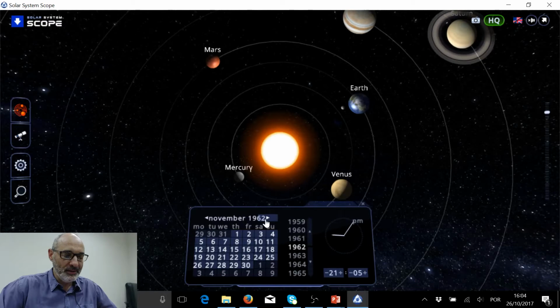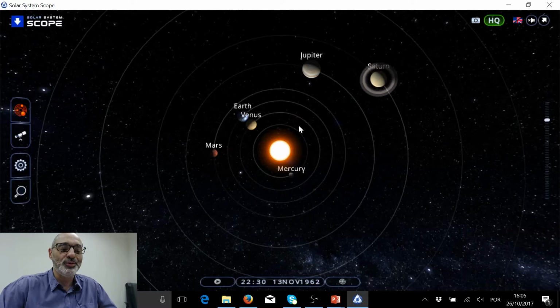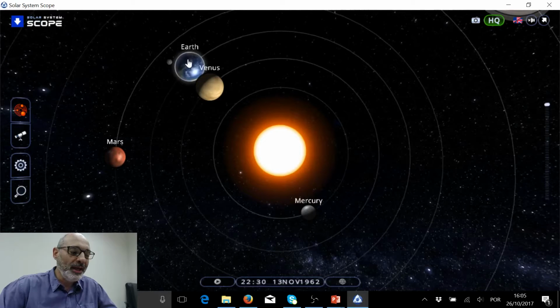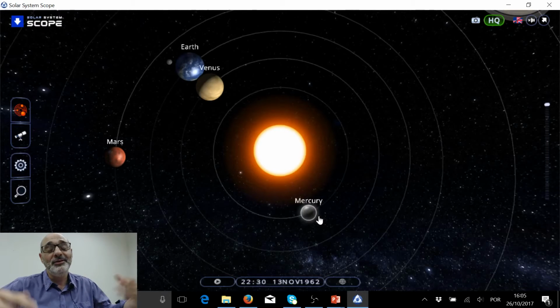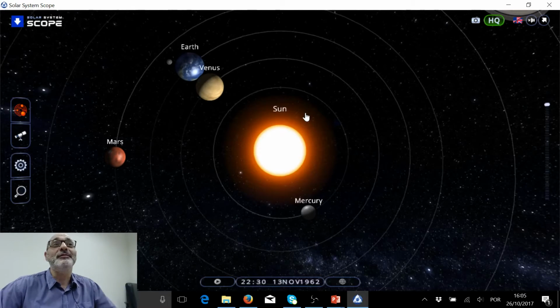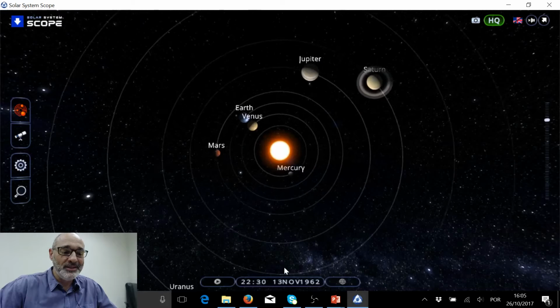What we call mapa astral in Portuguese is assigning values to a certain kind of configuration here. So this alignment here, Earth, Venus, Mercury, and the Sun, you have an alignment, and you can say, well, he's going to have a lot of hair, for instance. So you see, it's not very good.